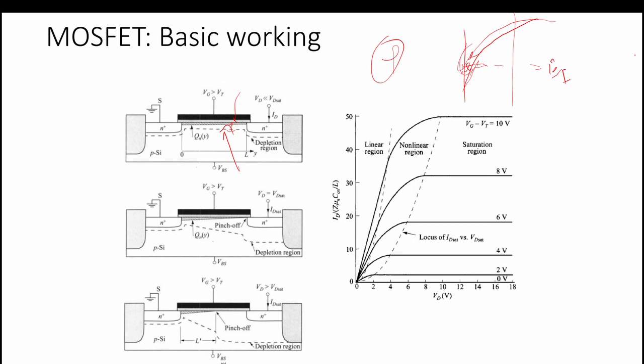Now as we have applied a very small positive drain voltage at this junction, electrons will move this side through the channel. Let us suppose that this is a perfect rectangular shape.